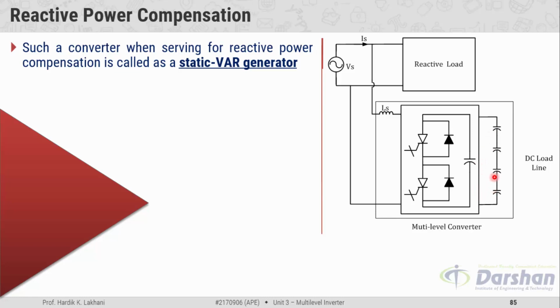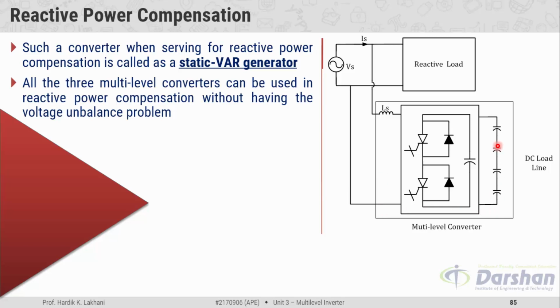That can be achieved by placing these strings of capacitors across this line, and that can be done by controlling the gate terminals of the IGBTs used in the construction of this flying capacitor multi-level inverter. So this is how we can control the flow of reactive power into the system, and this portion of the multi-level converter, which is behaving as a compensator, is generally referred to as a static volt ampere reactive generator.